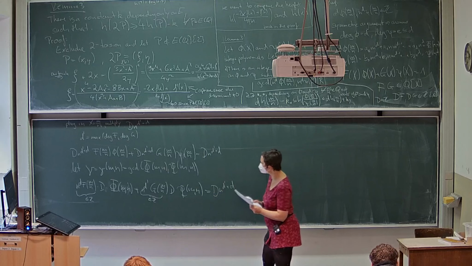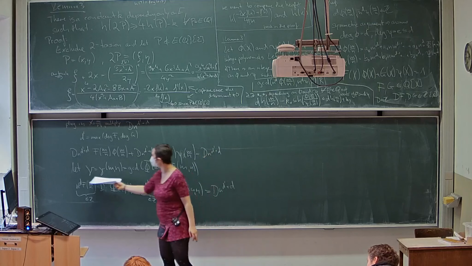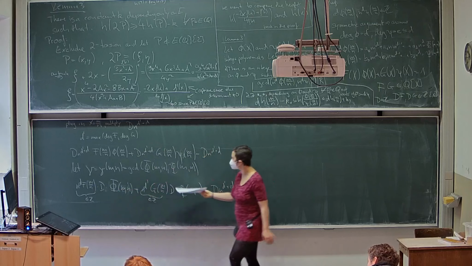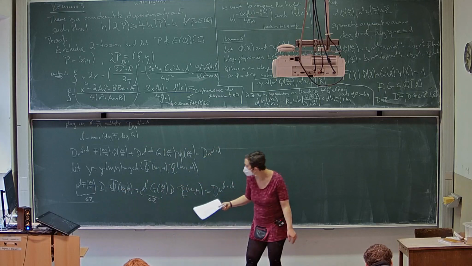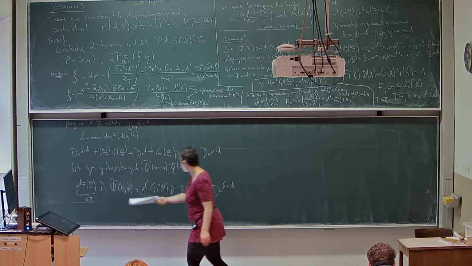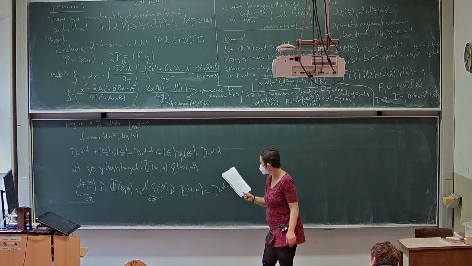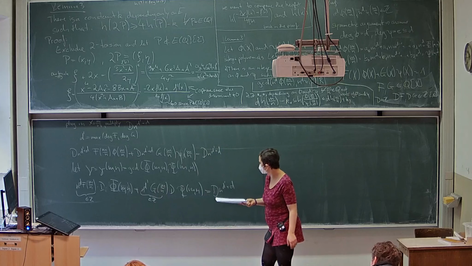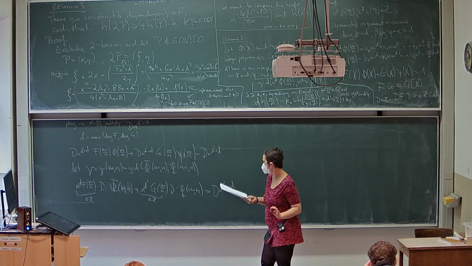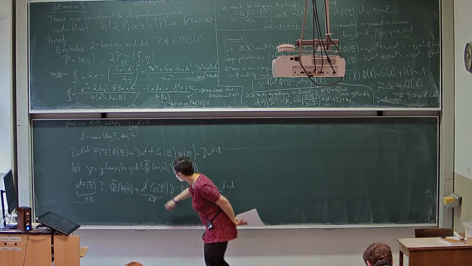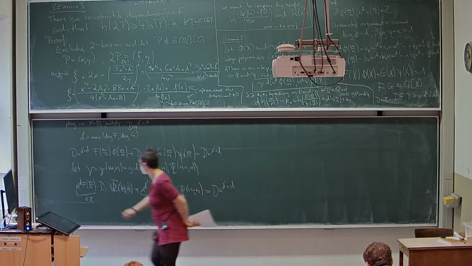So now, if we look at gamma, gamma is the greatest common divisor of capital phi and capital psi, which we have here. So, wait a minute. Let's consider this like this.